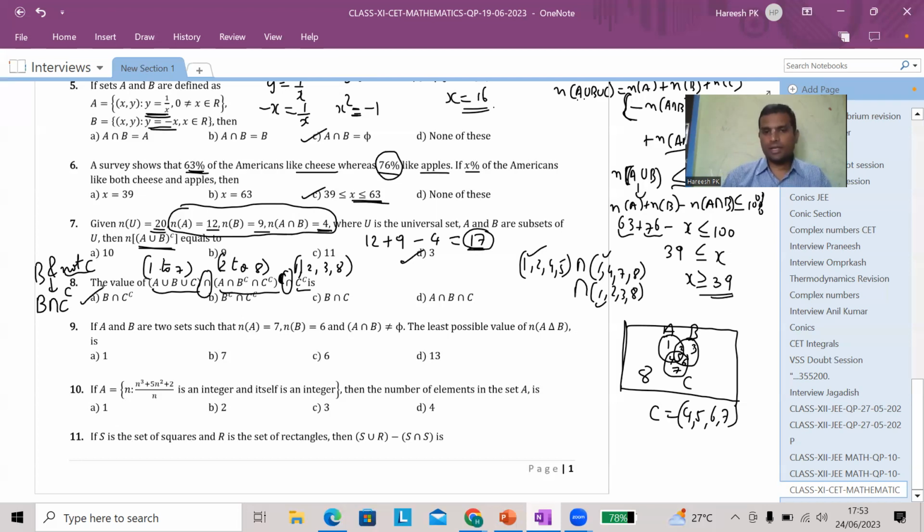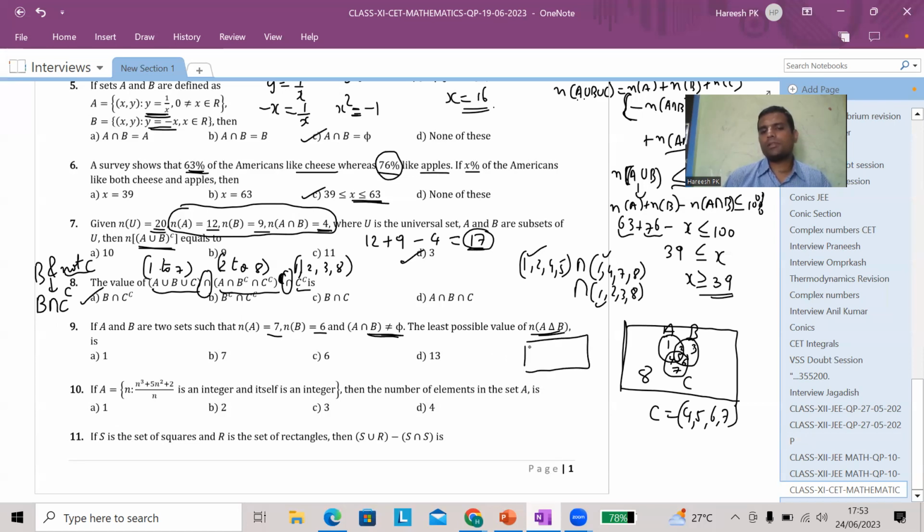So again, it's a Venn diagram method that we solved the answer with. The next question. A and B are two sets. N of A is 7, N of B is 6. A intersection B is not a null set. Now they're asking A delta B. So we already know A delta B is the symmetric difference. What is this symmetric difference?